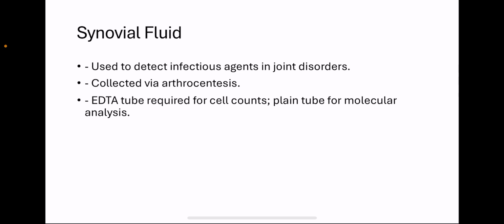EDTA tubes are preferred for cell counts, while plain tubes, like red top tubes that are known to be sterile, are used for culture and molecular analysis. So if it doesn't have gel in it and it's a red top tube, usually those are supposedly sterile.